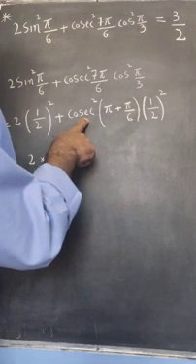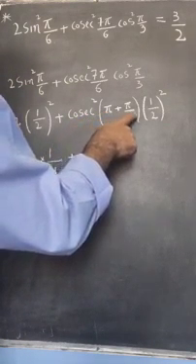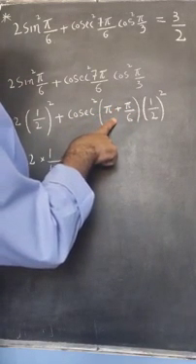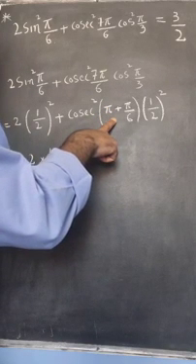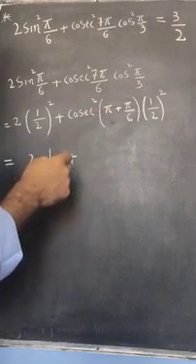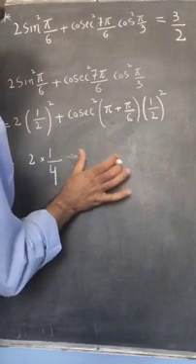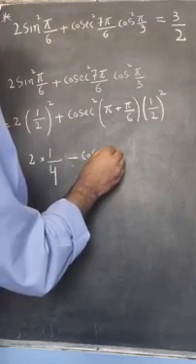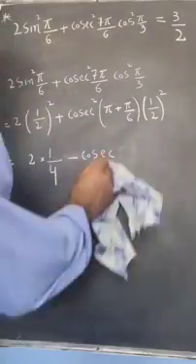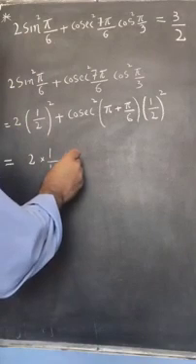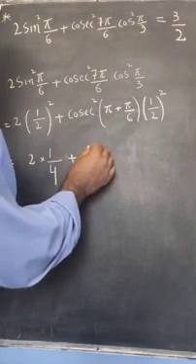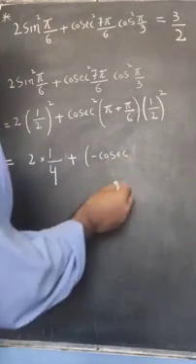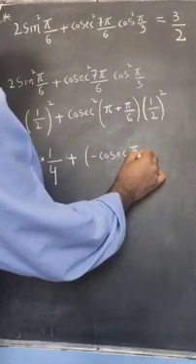now it is cosecant of pi plus theta, and this is in the third quadrant, and in the third quadrant cosecant is negative, so we write minus cosecant pi by 6.